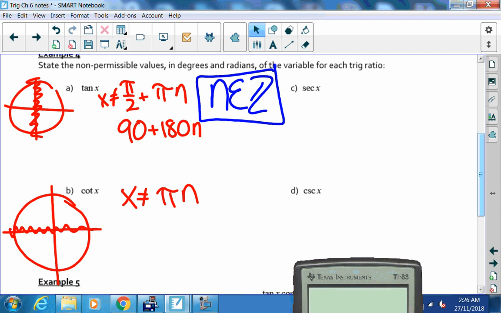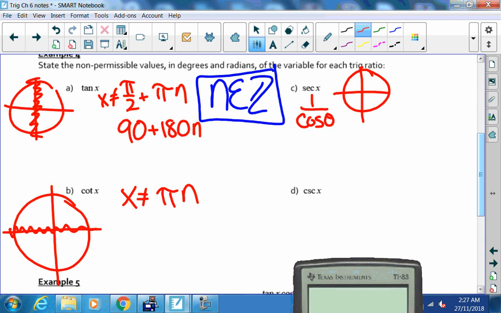Again, secant is 1 divided by cosine. And cosine is 0 on my verticals, so here and here. So same limitations as tan. Oh, I keep forgetting to write them in degrees as well.